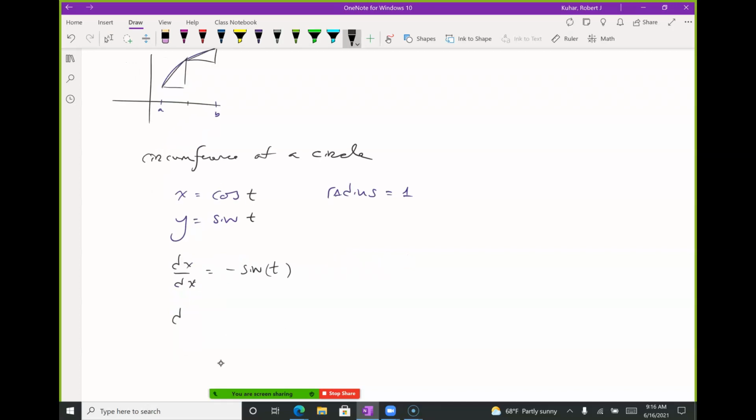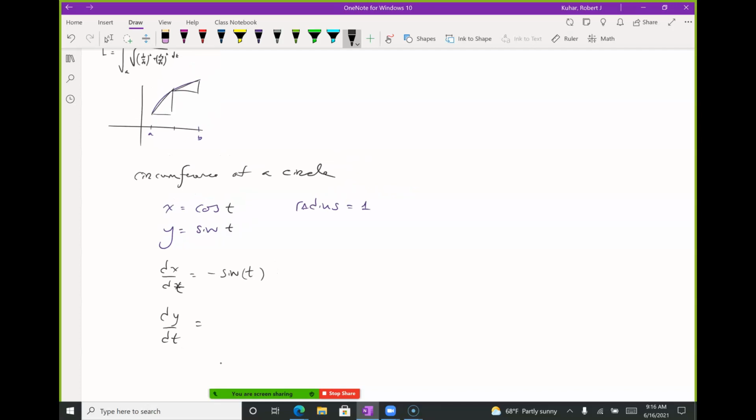And then dy dt, the derivative of sine, is cos t. And then what do I want to do with each of those derivatives? I want to square them. So dx dt quantity squared is sine squared t, and dy dt quantity squared is cos squared t.